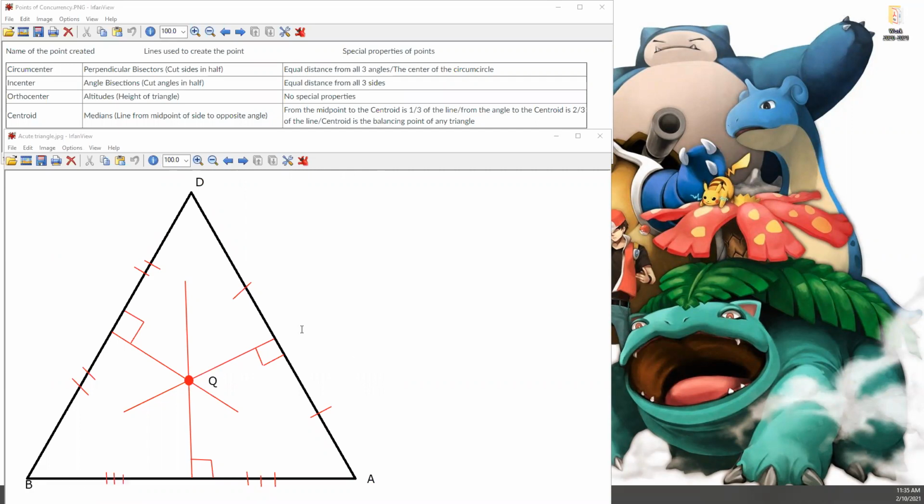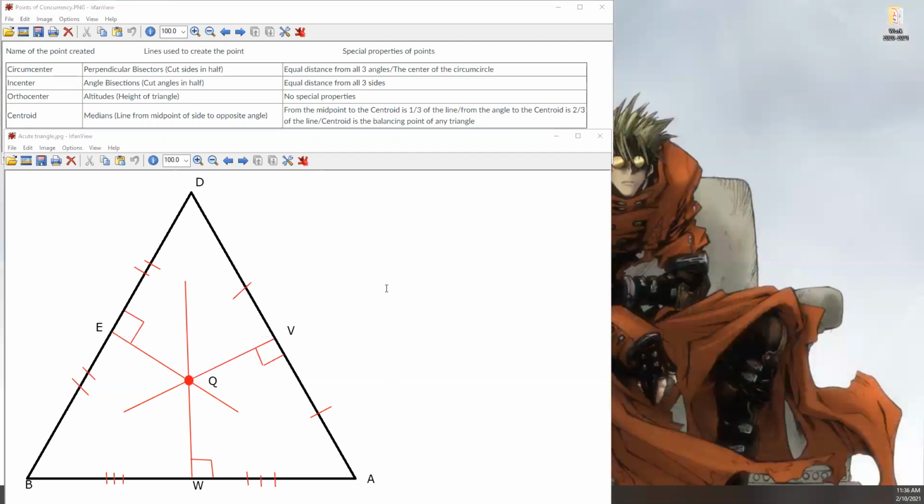All right, sorry. Let's do V, W, E. Okay, so we got all these points on the triangle, right? We got the 3 angles labeled, we've got the 3 midpoints labeled, and then we've got this point in the middle labeled.